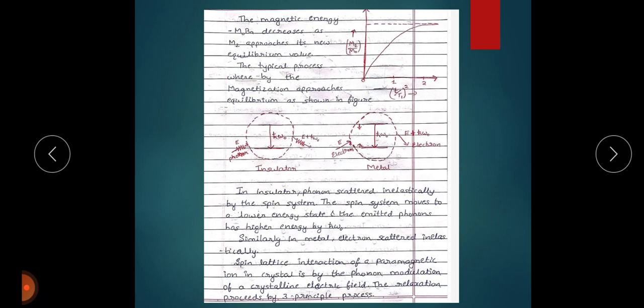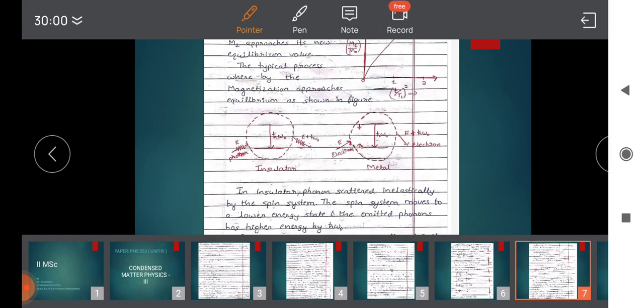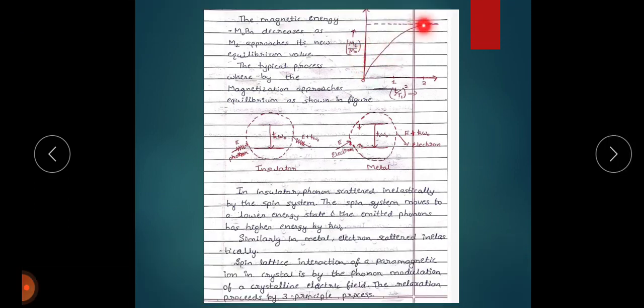In this diagram, the magnetization value approaches the equilibrium value, as shown in the following figure. As the ratio of time t to the longitudinal relaxation time t1 increases, the ratio of the magnetization value, mz divided by m naught, increases.